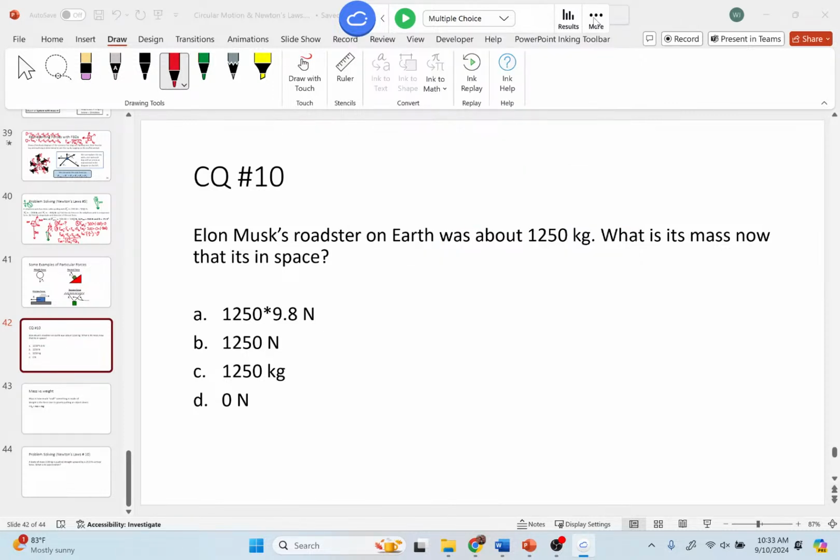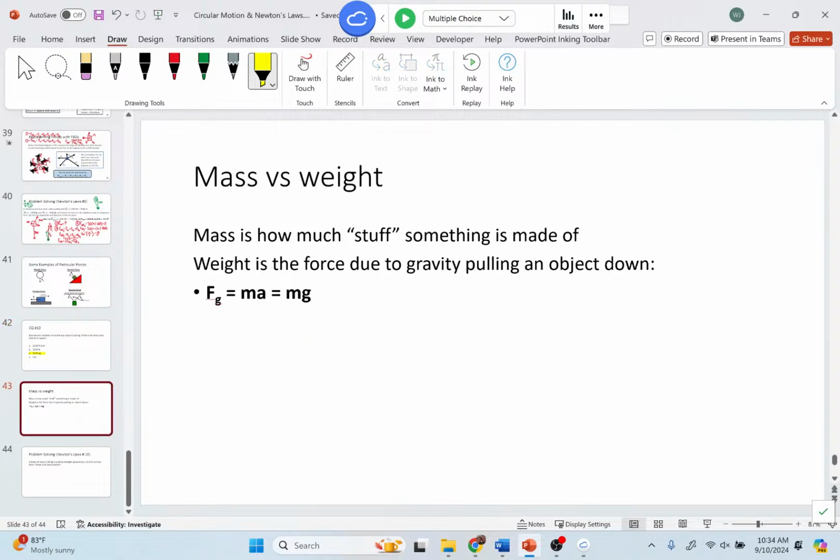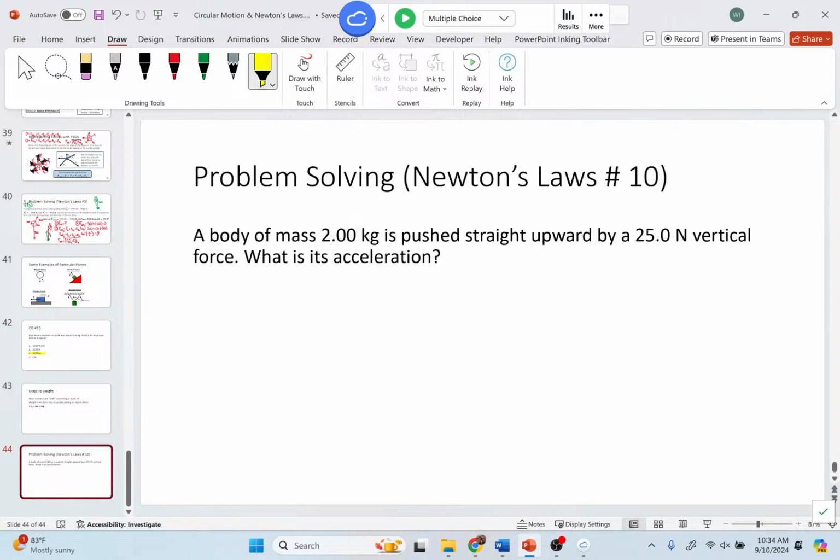Very, very, very important that you do not mix up mass and weight. Mass and weight are not the same thing. All right, sorry, there's one more problem after this and we're done. If you mix up mass and weight, you will have problems. Mass is how much stuff something has. If it had this much stuff on Earth, unless it explodes, it has the same mass in space. Great stuff. There it is.